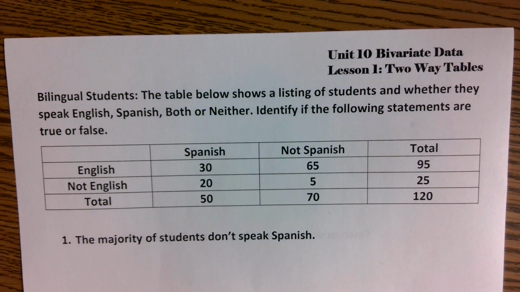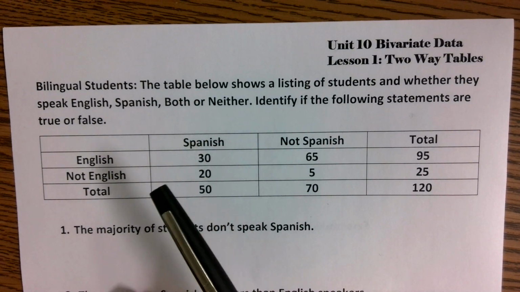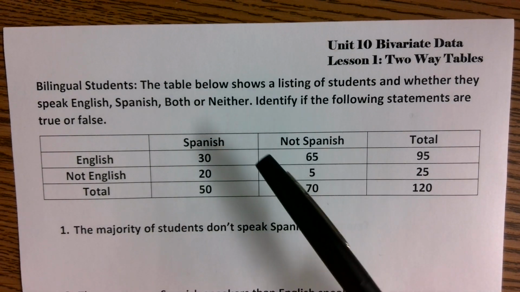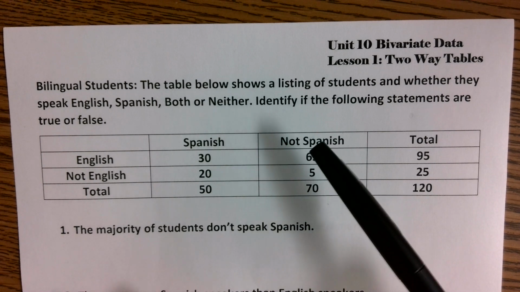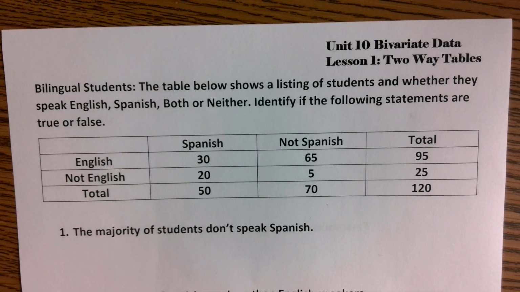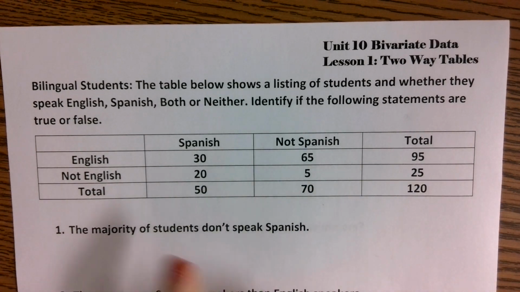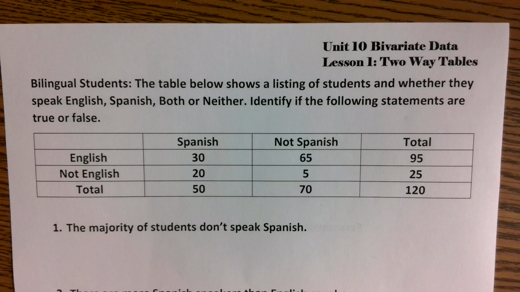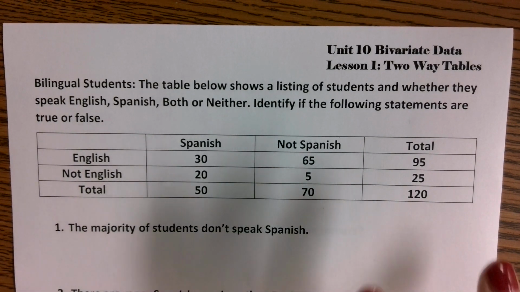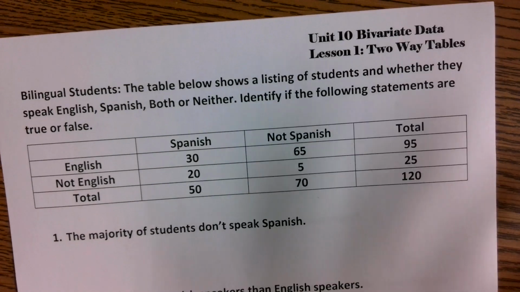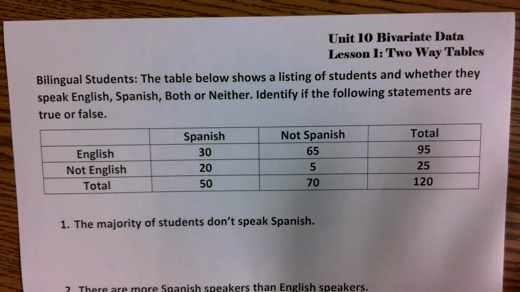They're charted where you've got group A and group B, those who belong to group A, those who belong to group B, those who do not belong to group A, do not belong to group B, and those who belong to both or belong to neither. In this example I've given you a situation of bilingual students: students who speak Spanish, students who speak English, students who speak both, or students who speak neither.